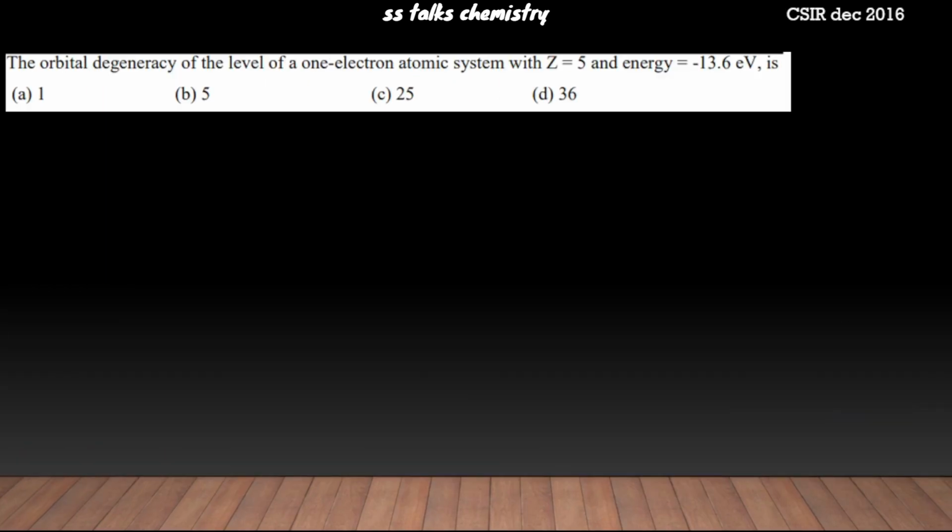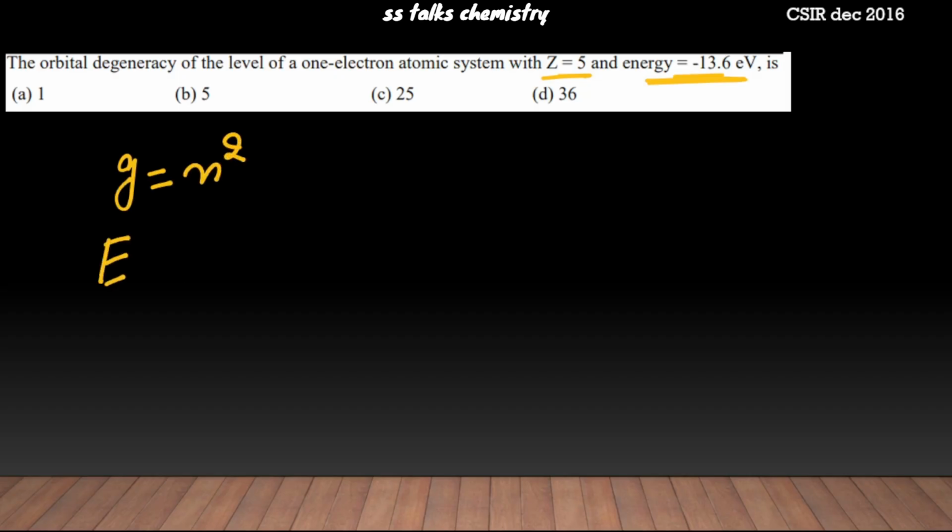Next, again CSIR December 2016. The orbital degeneracy of a level of a one electron system with the Z value equal to 5 and the energy value as minus 13.6 eV is going to be asked. So degeneracy, we know, is equal to the n square value of it.